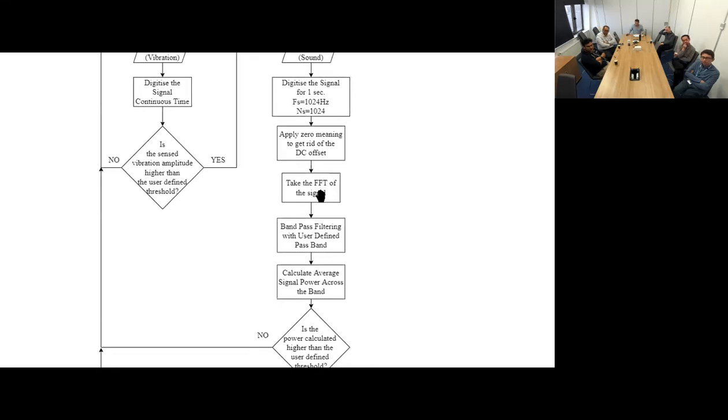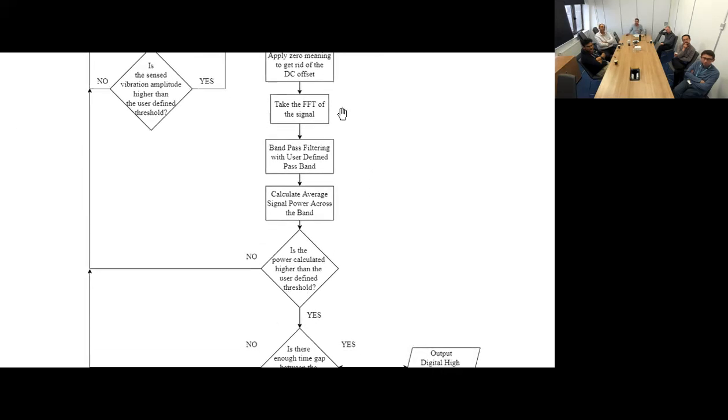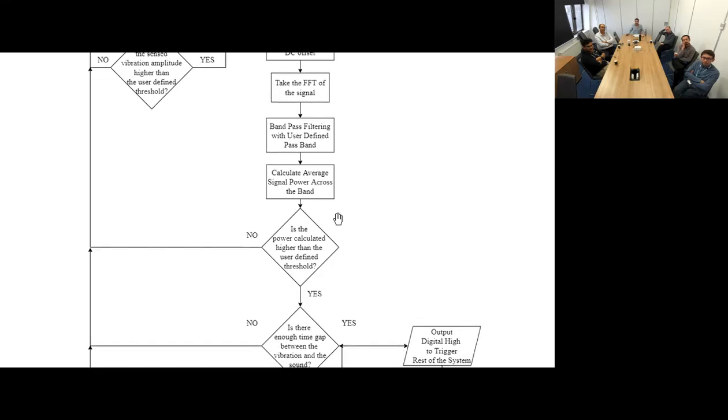And before taking the FFT of the signal, we apply zero-meaning to get rid of the DC offset. And then after taking the FFT, we apply band-pass filtering and calculate the average power across the band during the time that the user set.